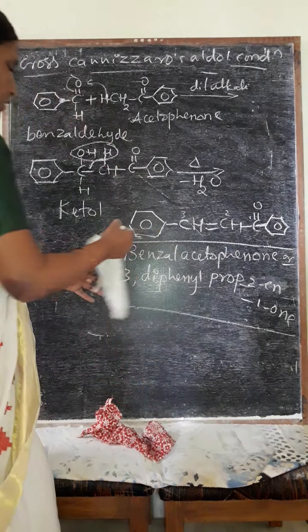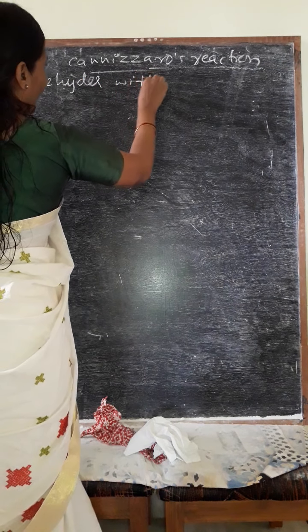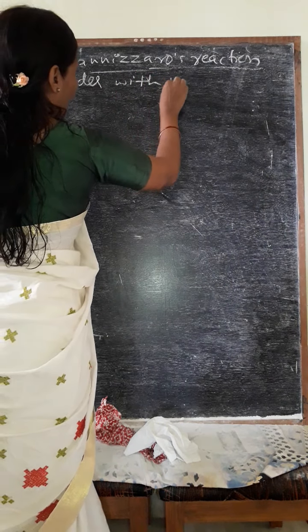Aldehydes with no alpha hydrogen atom undergo self oxidation and reduction on heating with concentrated alkali.